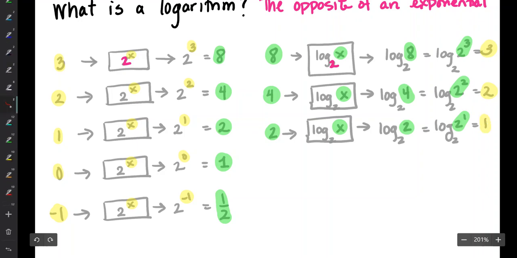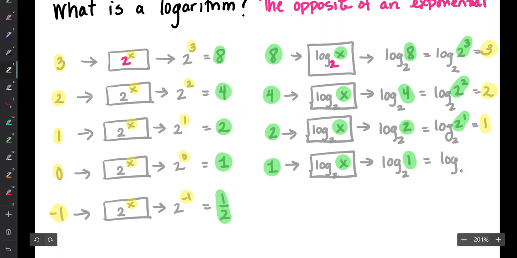Right? So now I'm going to put 1 into the log base 2 box. And what comes out is log base 2 of 1. Well, 1 is a perfect power of 2. 1 is 2 to the 0. What does log base 2 do? It takes in a power of 2, and it spits out the exponent. The exponent here is 0. Okay.